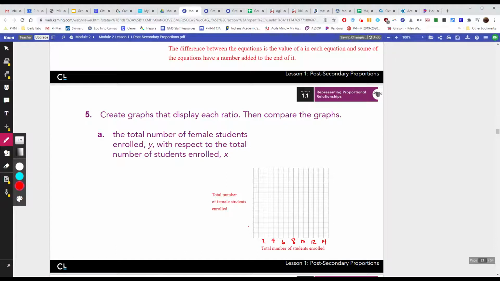So this is 1, 2 starts here, 4, 6, 8, this would be 10, 12, 14. Is that right? 2, 4, 6. Yep, I think that's right.